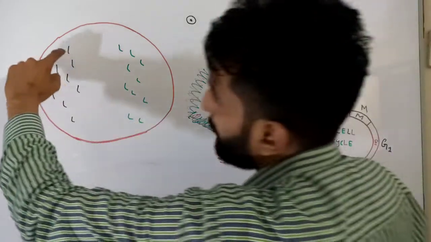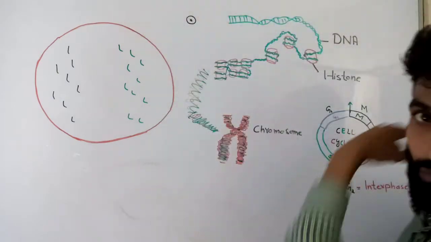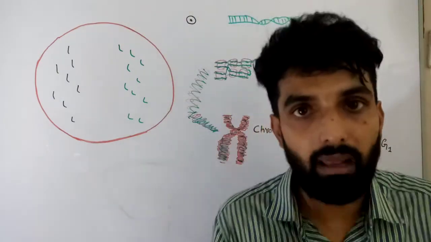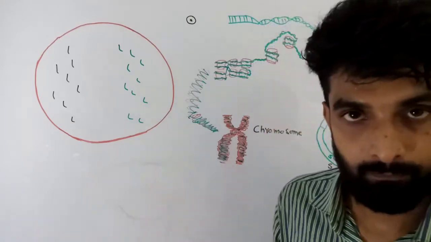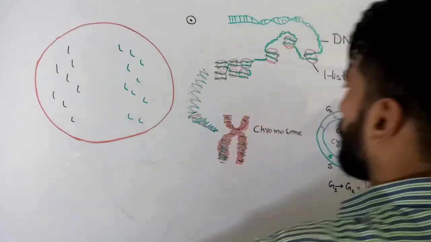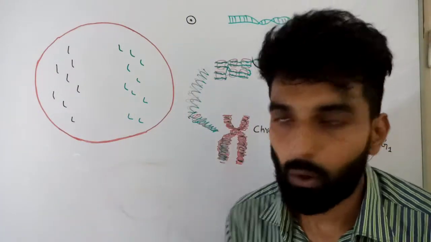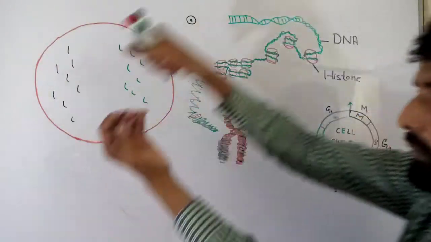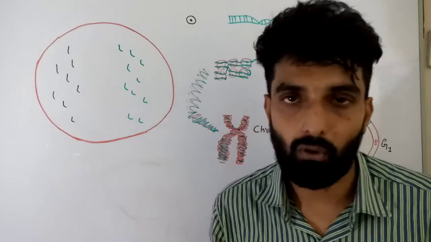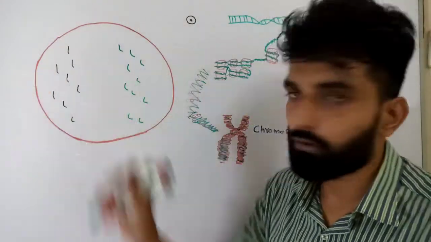Now, chromosome number 1 from the maternal side and chromosome number 1 from the paternal side are basically homologous to each other. They are homologous chromosomes. Clear? Chromosome number 9 from the maternal side and chromosome number 9 from the paternal side will be homologous. Chromosome number 5 from the maternal side and chromosome number 5 from the paternal side will be homologous. I am talking about one cell. So it means all chromosomes basically have a homologous pair.